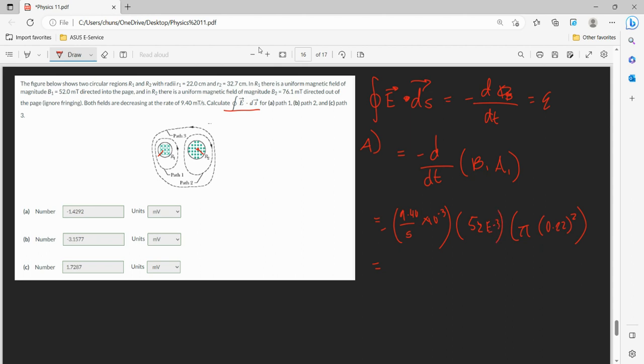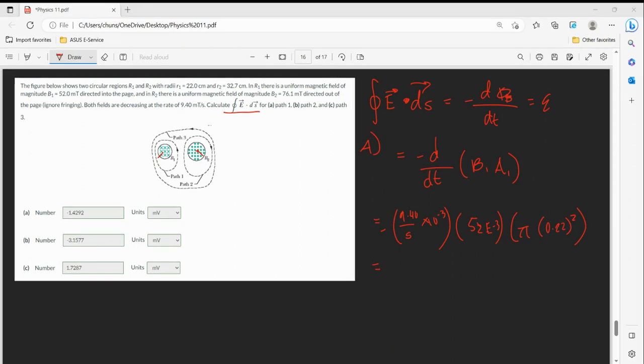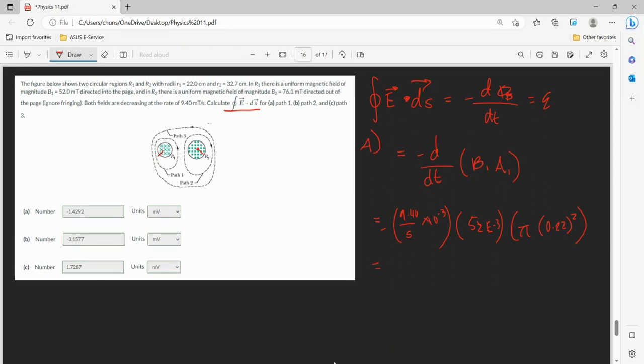Okay, let's try again. So this is 9.4 times 10 to the negative 3 times 52 times 10 to the negative 3 times pi times 0.22 squared. Okay, I'm not getting the right answer, so let me find what I am doing wrong. Okay, I apologize. Let's redo this.